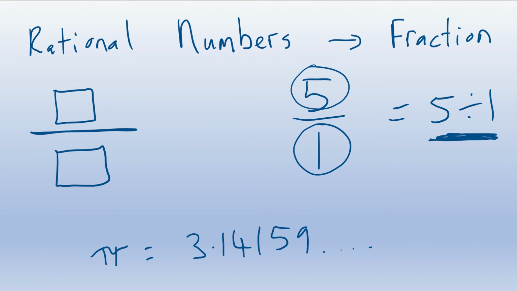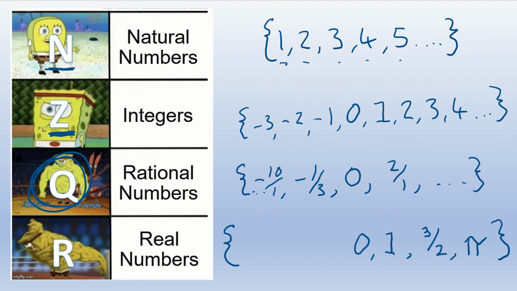So if it keeps going on, and if these numbers don't repeat themselves, that's what we call a never-ending decimal, or a better way of saying that is an irrational number. So pi is an example of a real number that isn't a rational number or an integer or a natural number.